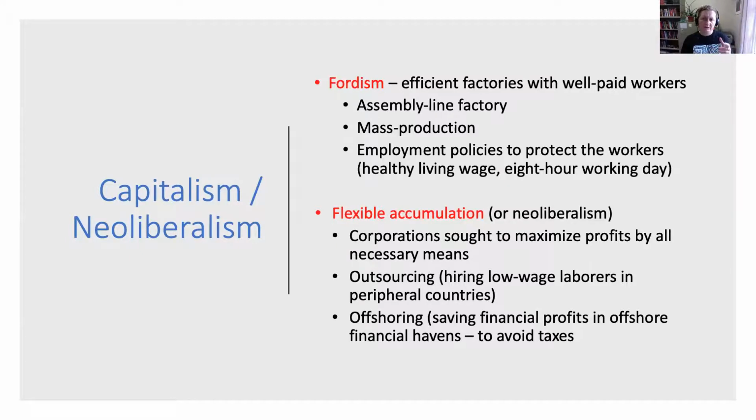Now, to explain the differences between a more liberal capitalism and neoliberalism, I want to take this example of the Fordism to flexible accumulation. So Fordism is a notion associated with the kind of big factories of big American and other European firms, coming out of World War II especially, and actually even before that.